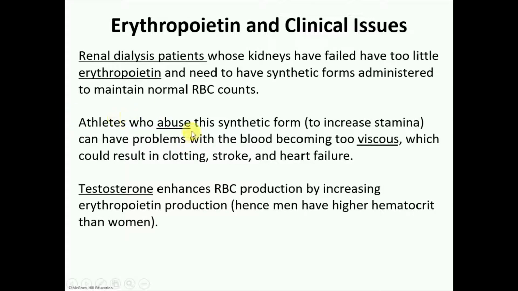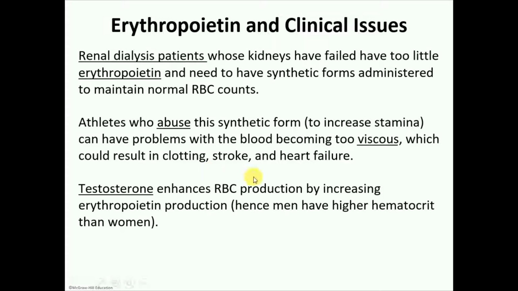An athlete who would abuse erythropoietin in order to increase the number of red blood cells, the theory behind this is that they are increasing their oxygen capacity and therefore increasing their muscular endurance, which is true.